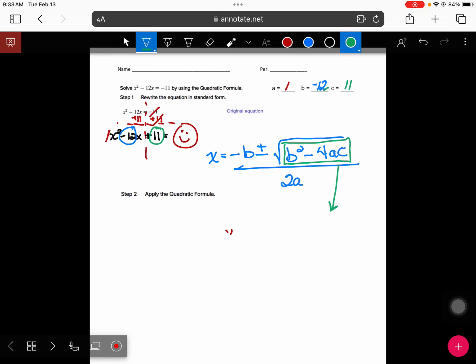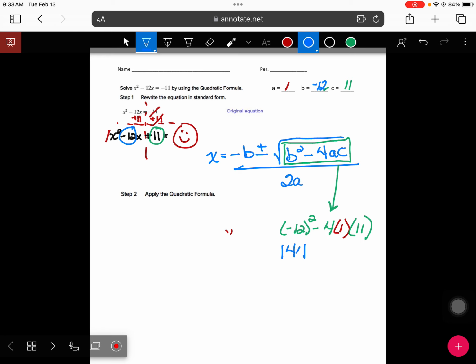So if B is -12, then I'm going to put -12 squared. All I'm doing is substituting values in, minus 4 times my A value of 1 and my C value of 11. So what is -12 squared? You can do that on your calculator. 144.